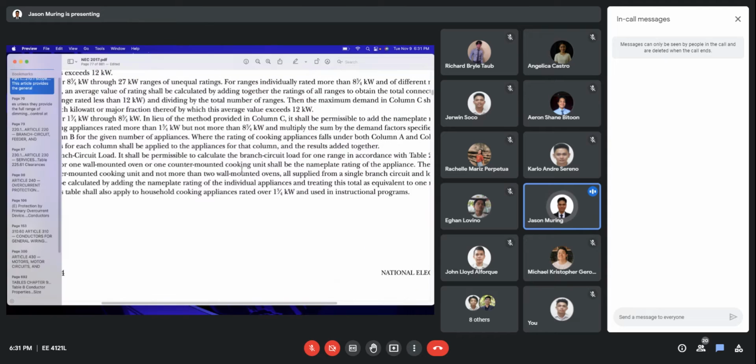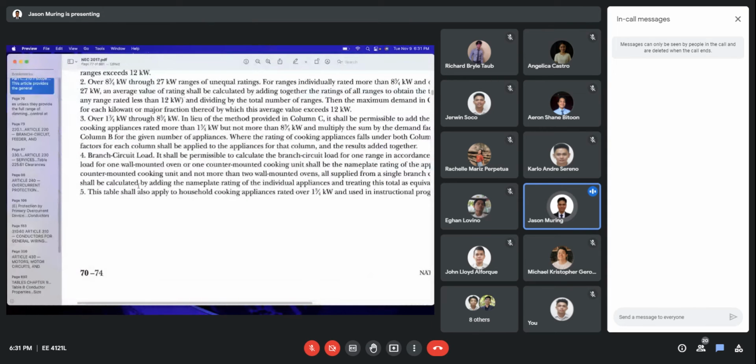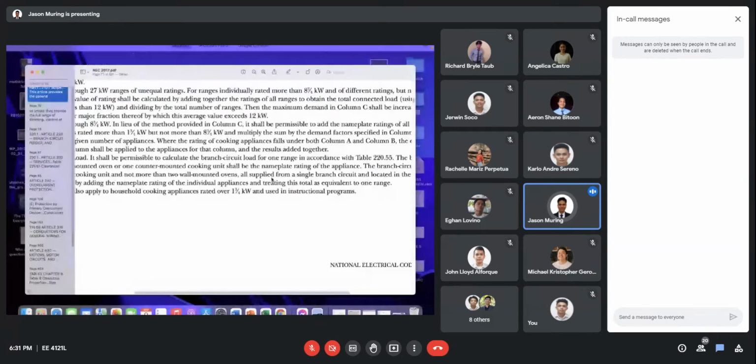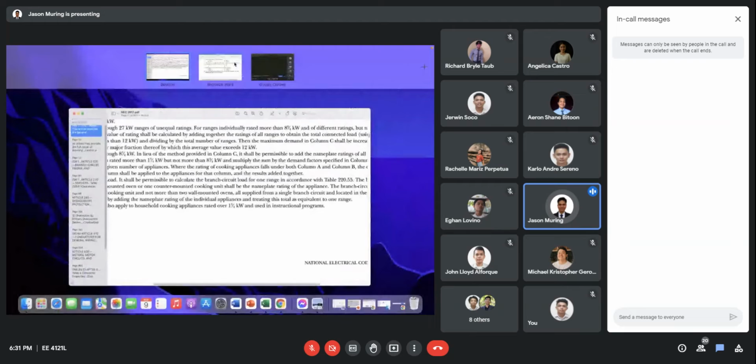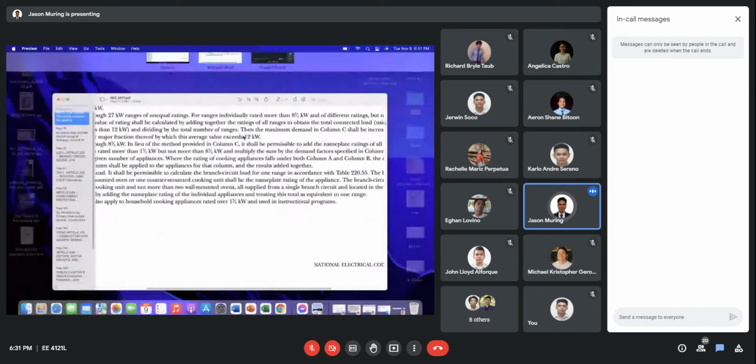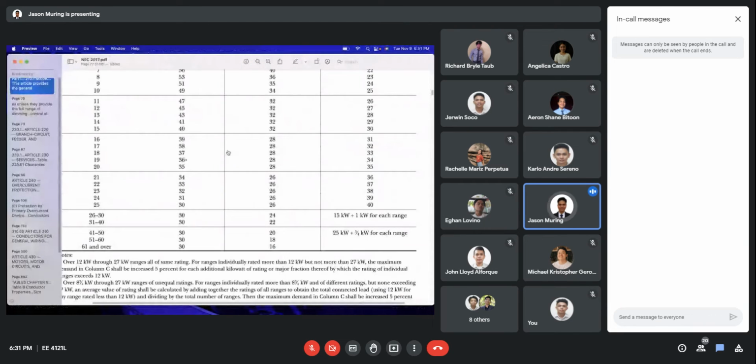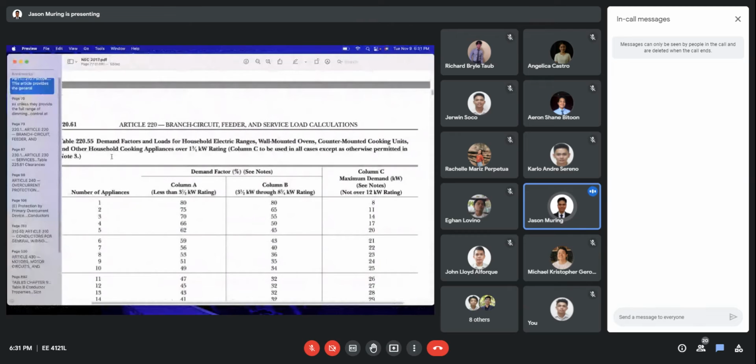So we add their nameplate rating according to this note here. Then we consider it as one range. Okay, so one range here. If it is already one single range, we can now consider using this table.